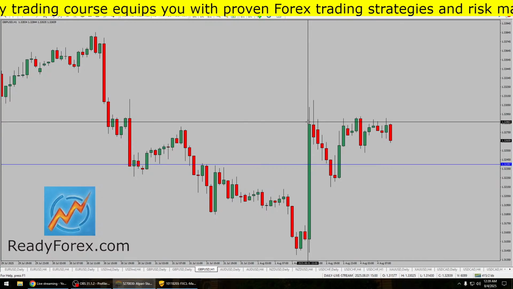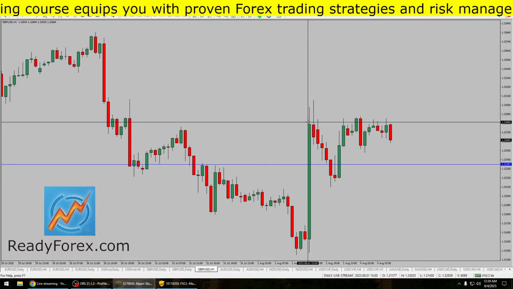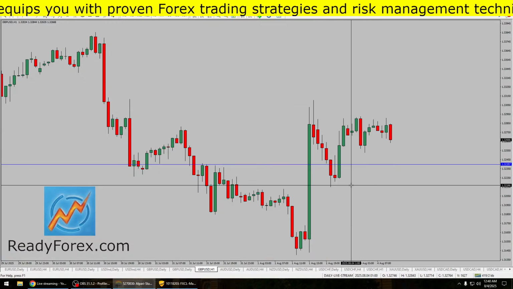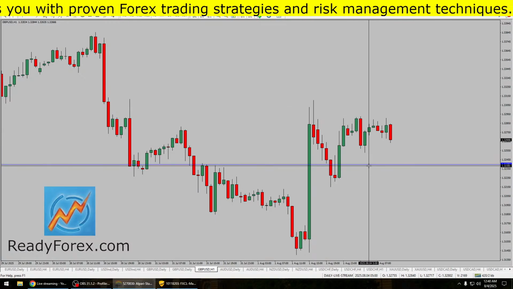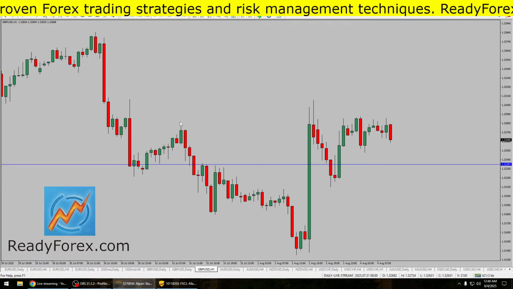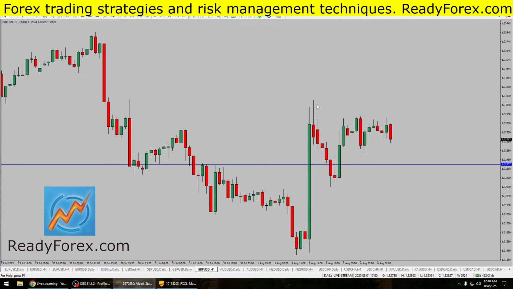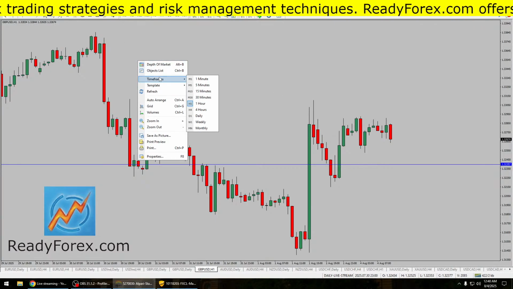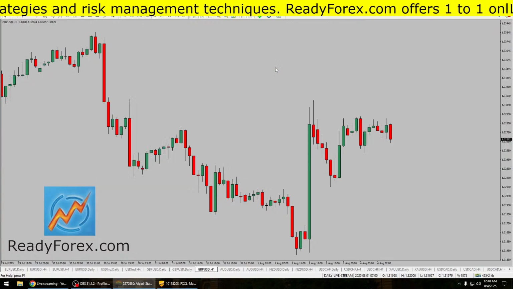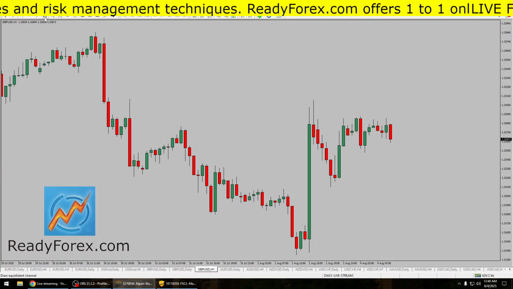This was a big body candlestick on Friday. Then we got this sideways looking price action over here, and then we got further upside. So these things, I would say, suggest that we got bullish wave A leg inside GBPUSD currency pair.